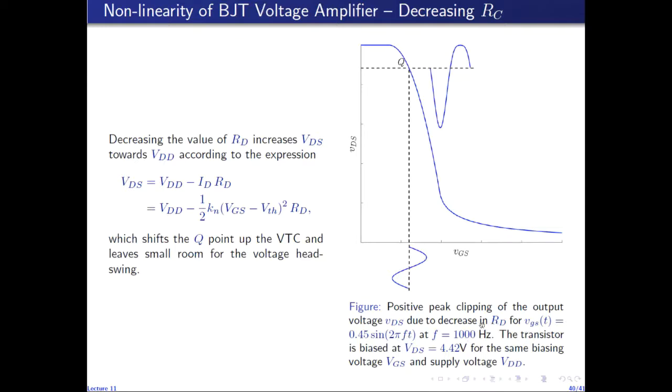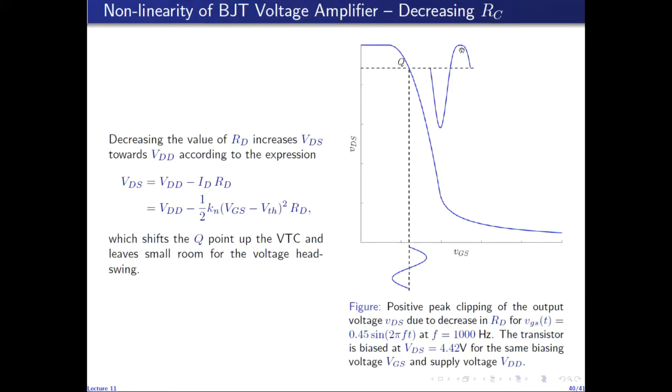So decreasing RD increases the DC component of the output drain to source voltage to 4.42 volts. As the output voltage swings in the positive direction, it rides over this DC value, which is given by this dotted horizontal line, and the output voltage is clipped off at VDD.